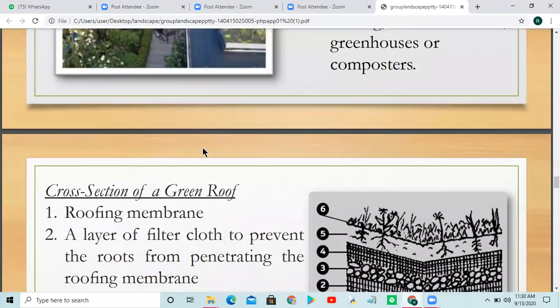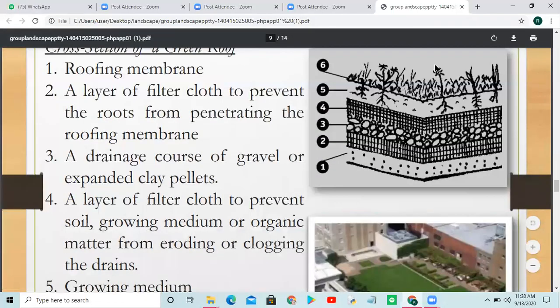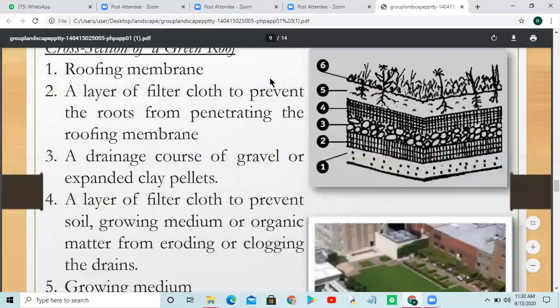Okay, so when you talk about this, this is the section of a roof. When you talk about a plant, see, this is the roofing membrane which you will provide. Then again, definitely you will provide some cloth or some kind of waterproofing. Okay, then third, a drainage course is provided, so that whatever water is given to the plants ultimately remains at this level only.